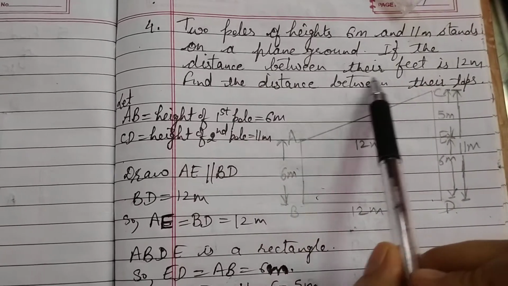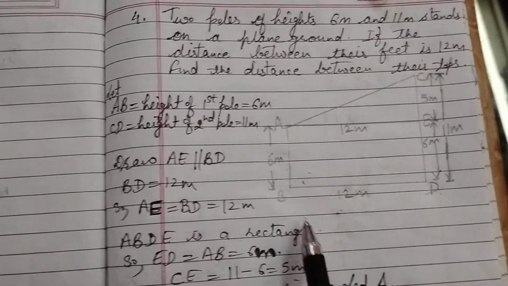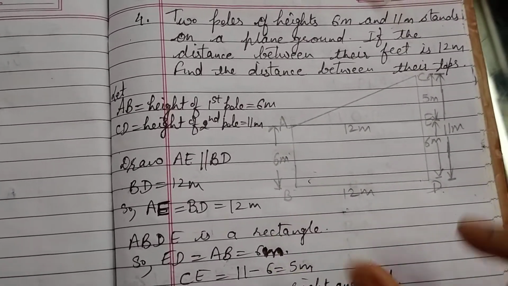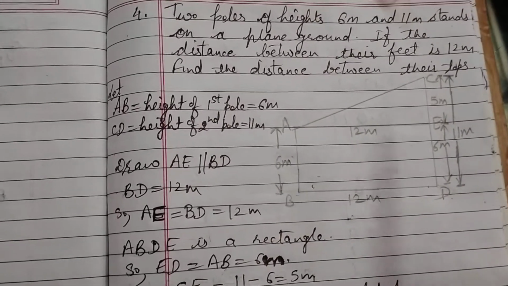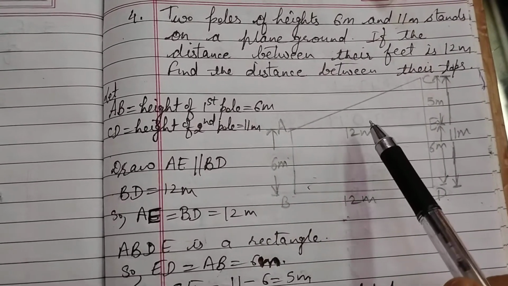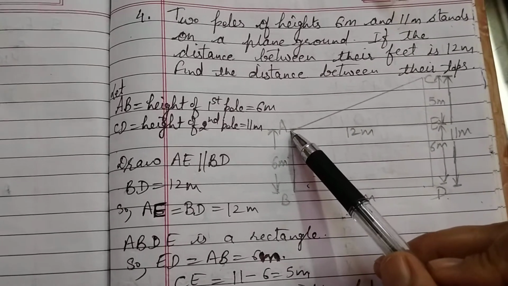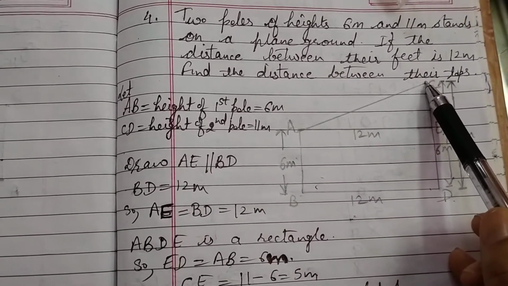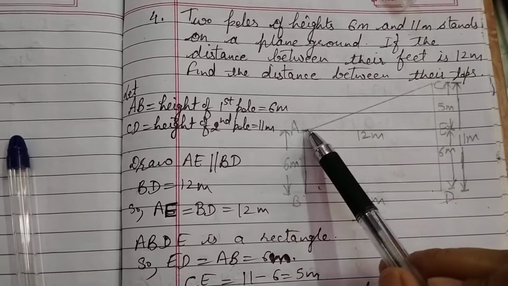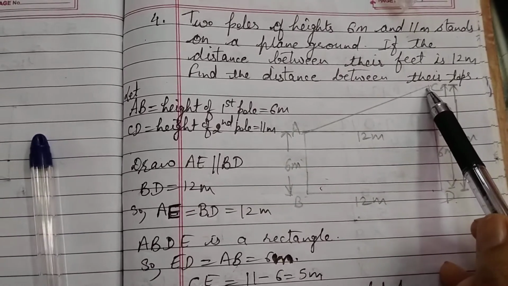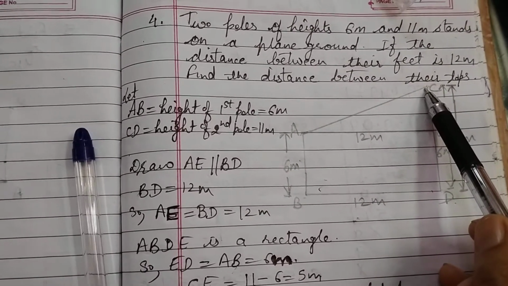The distance between their feet is 12 meter. Find the distance between their tops. This is the top of this pole and this is the top of the other.